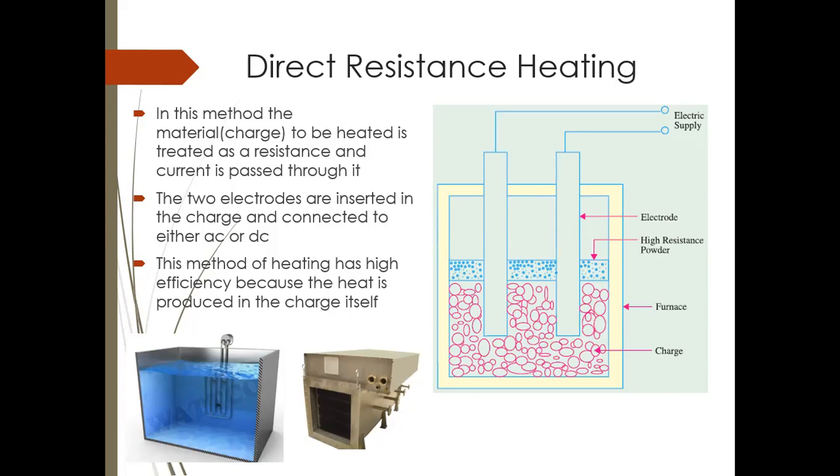The charge may be in the form of powder, which is small solid pieces, or liquid. Two electrodes are inserted in the charge and connected to either an AC or a DC supply.